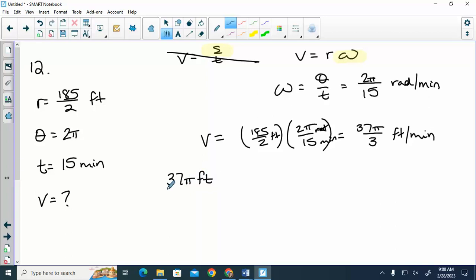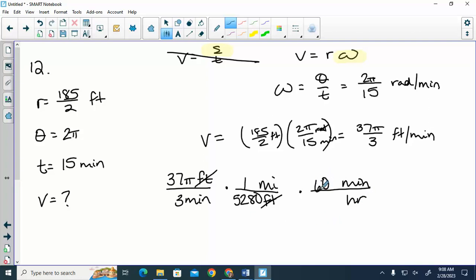So 37 pi feet over 3 minutes. I like to write it like this so it's easier to set up my conversion. So if I want my feet to disappear, they have to go on the bottom. I want miles. 1 mile is 5,280 feet. And my minutes to go away, they're on the bottom, so I put it on the top. So we want hours. We know that there are 60 minutes in 1 hour.